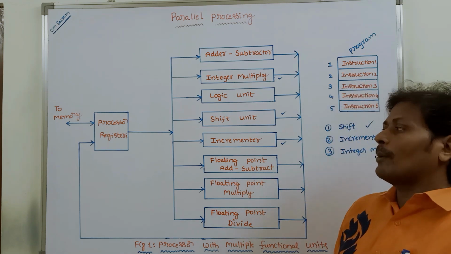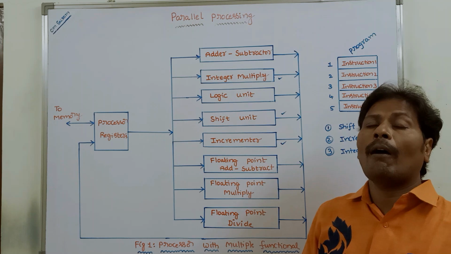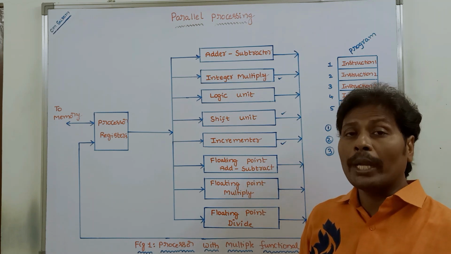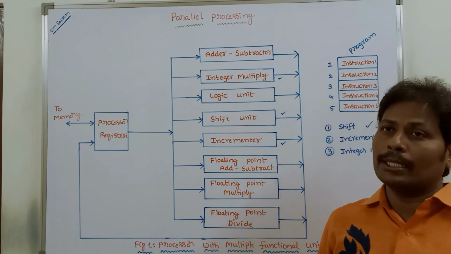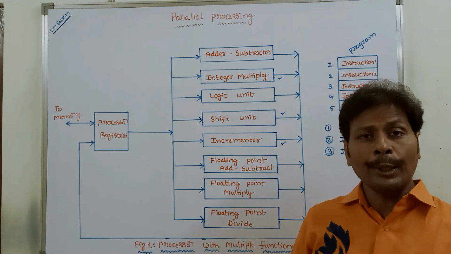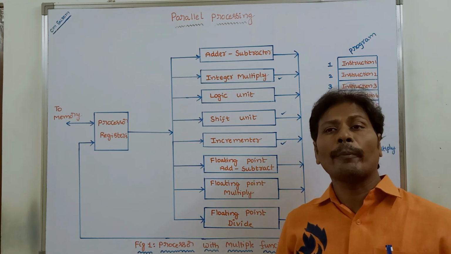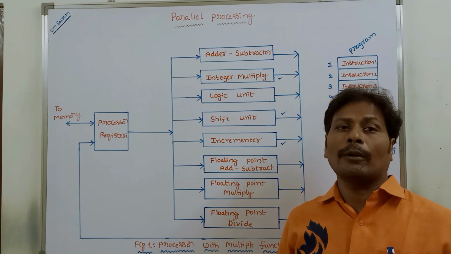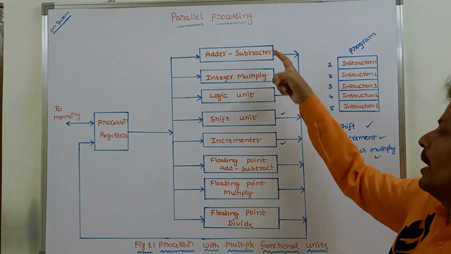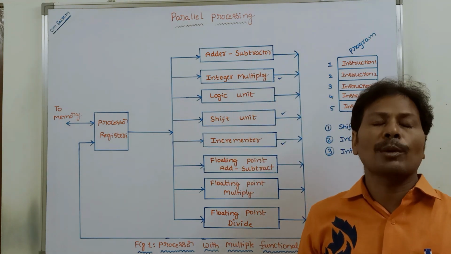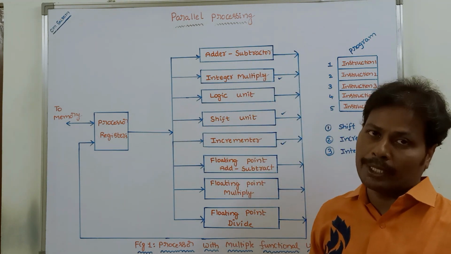Second one is the processor register. They are used for storing the operand data as well as storing the result. Third one is the ALU. It is used for performing arithmetic, logical and shift operations. That ALU can be divided into 8 multiple functional units.